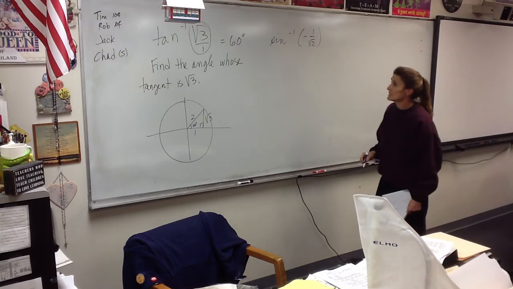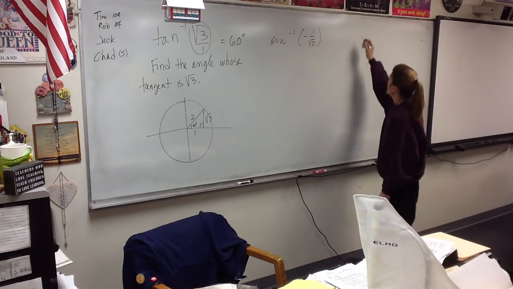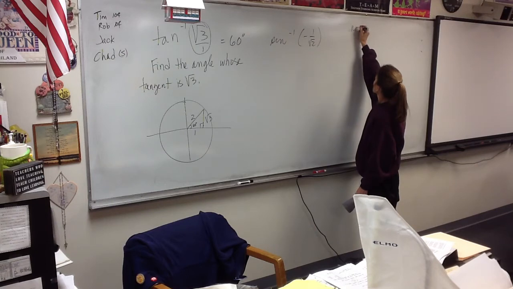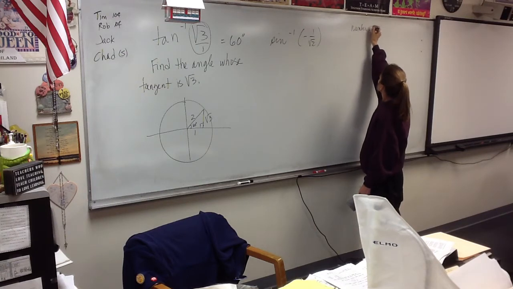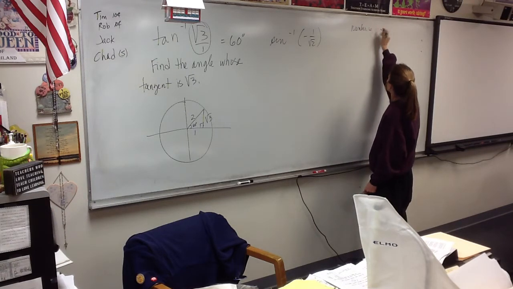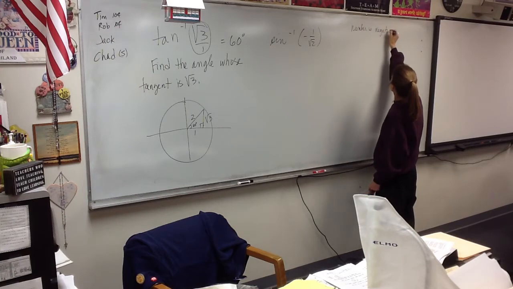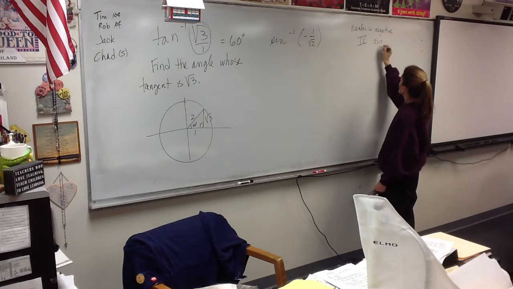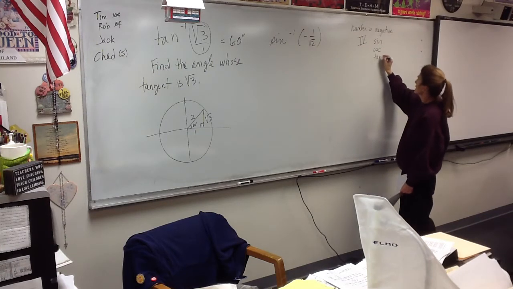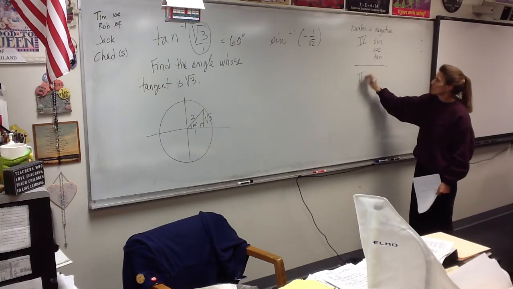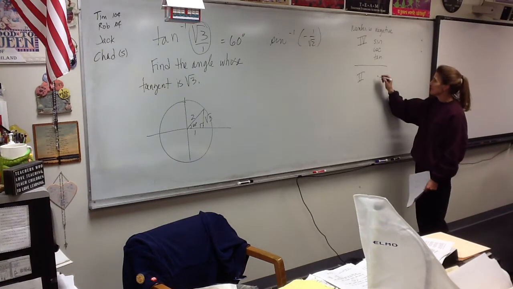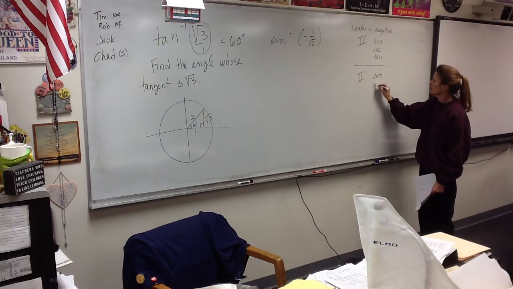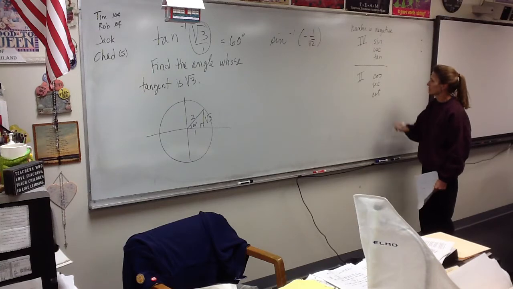If this number is negative, you will draw it in quadrant 4 if it's a sine, a cosecant, or a tangent. You'll draw it in quadrant 2 if it's anything else. So if it's a cosine, a secant, or a cotangent.